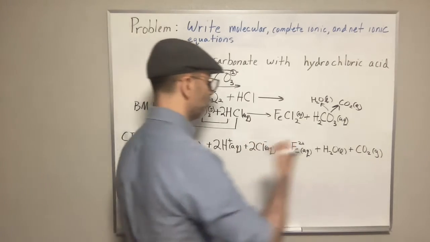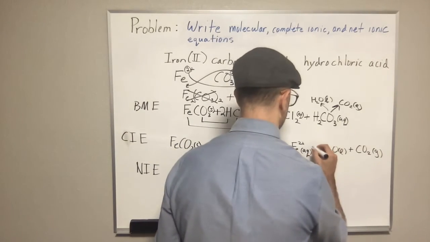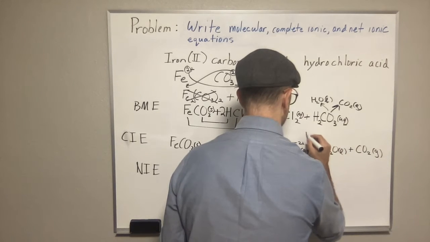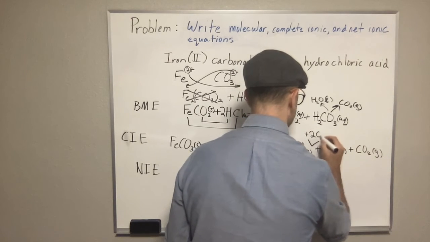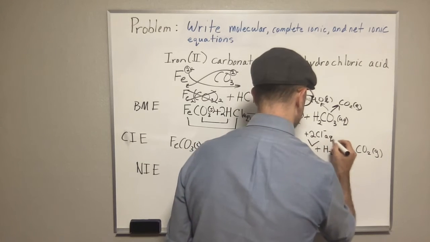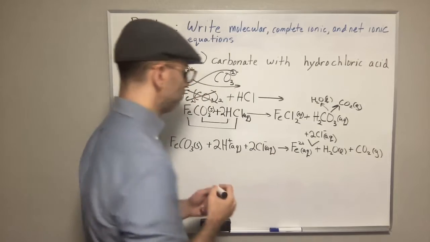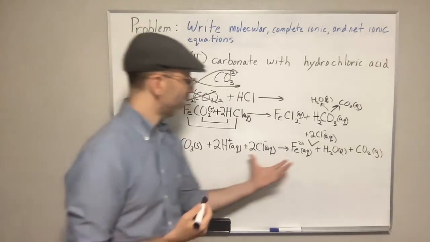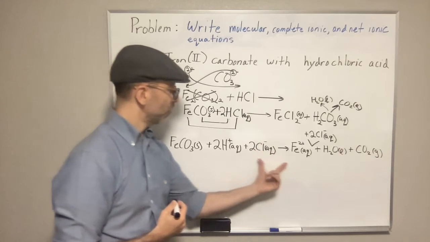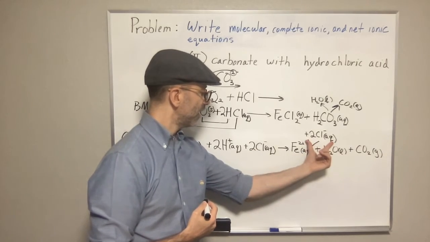Oh, I forgot to put the chloride ion. So let's put that in. I skipped over that. So that's going to be plus 2Cl minus aqueous. There we go. I was jumping the gun. So here we have our 2 chloride ions aqueous, and we have our 2 chloride ions aqueous.